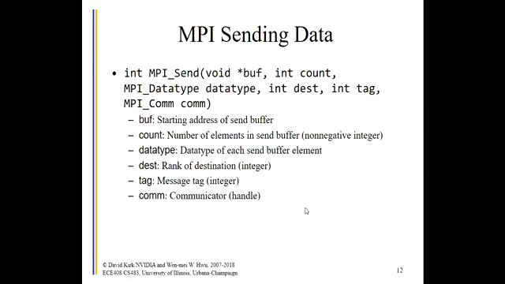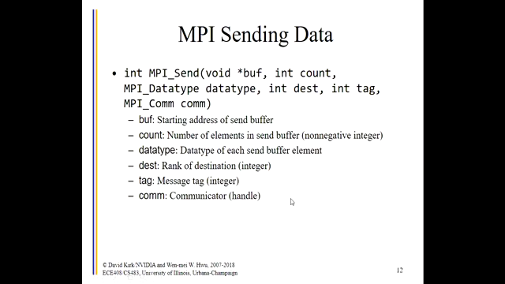So the destination is the rank of the destination, essentially the address, the process ID of the process that I'm trying to send a message to. Then you have a message tag, essentially a little metadata, and then you have the communicator.